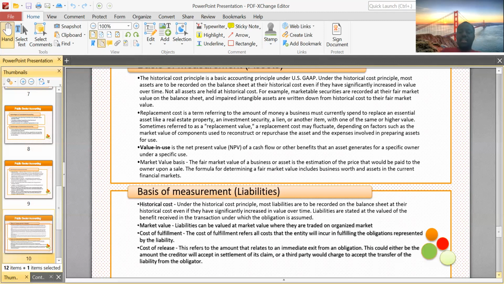So I said here that this could either be the amount the creditor will accept in settlement, or what an external party will charge to accept the transfer of the liability from the obligator. So that's the whole idea of the basis of measurement of liabilities. We've talked about the basis of measurement of assets, and these are the basis of measurement of liabilities.